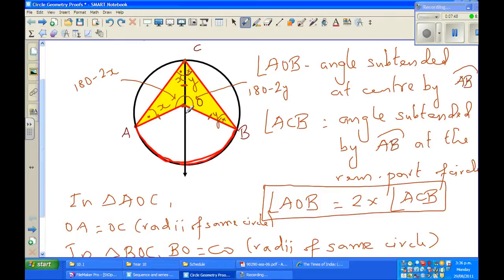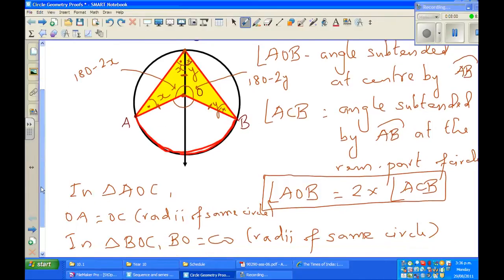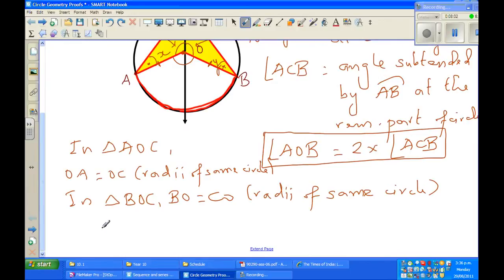Now these three angles, AOB, AOC and BOC, add to 360.